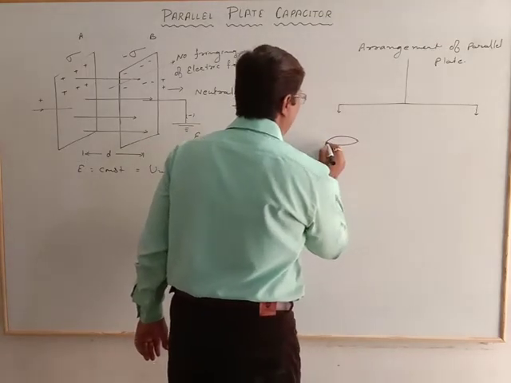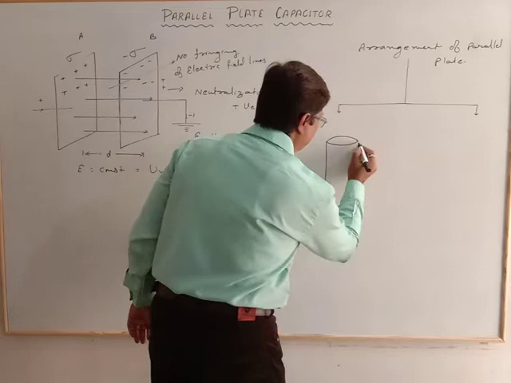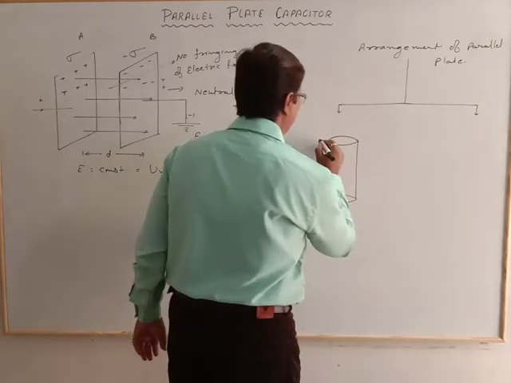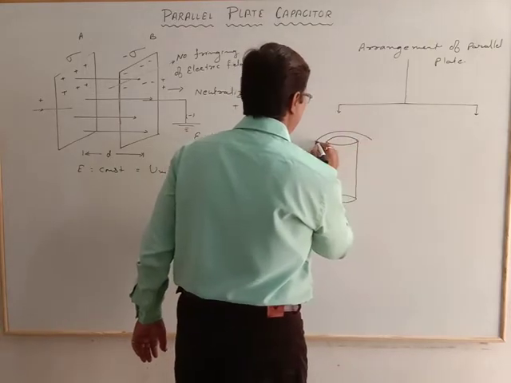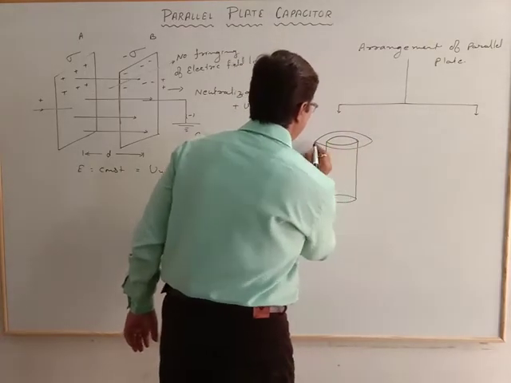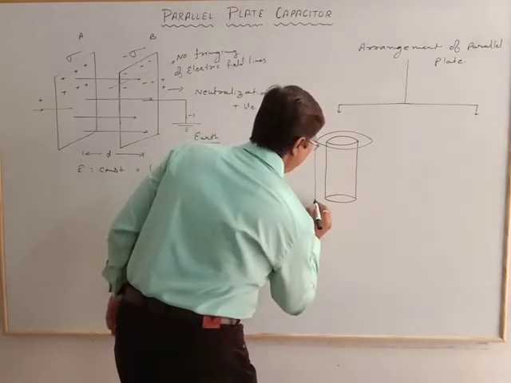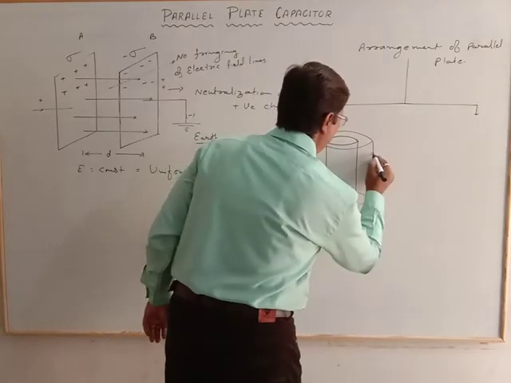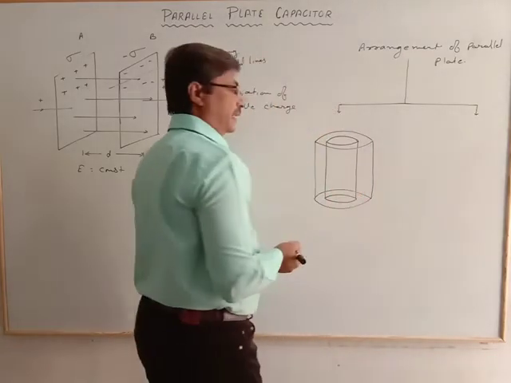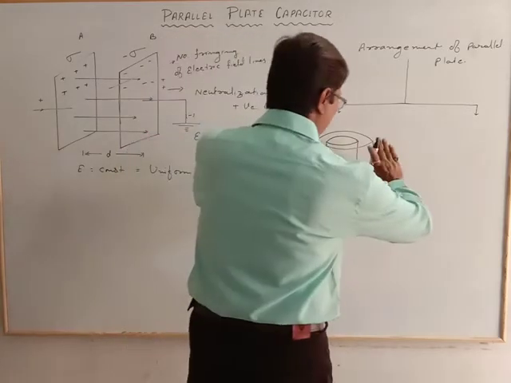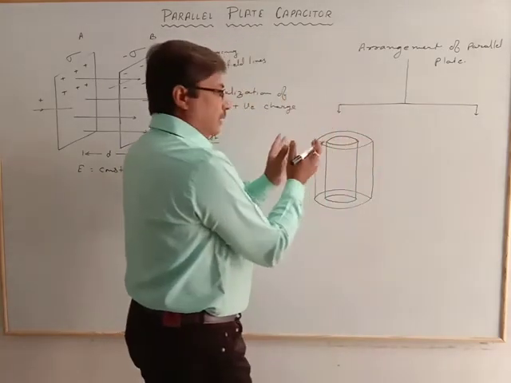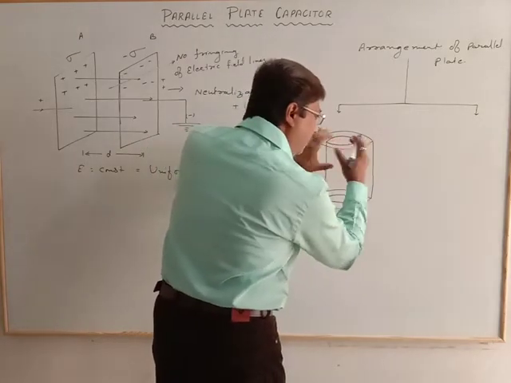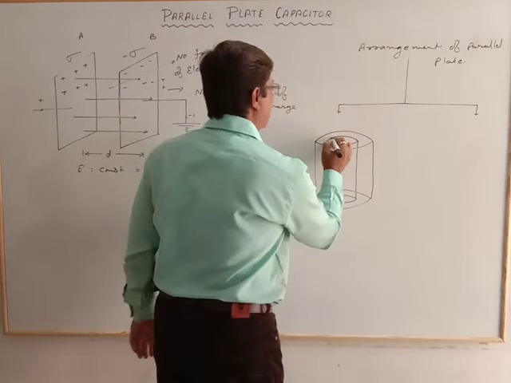If we observe the shape of this one, it is cylindrical. The two parallel plates, when arranged like a cylinder, in that case one covers the next one, and the charge is supplied.